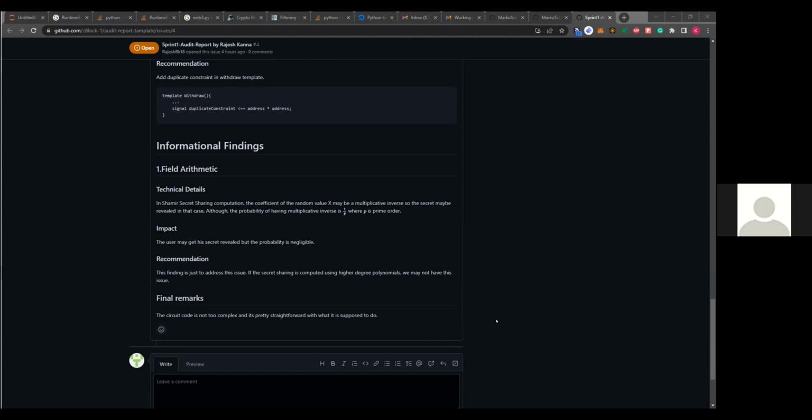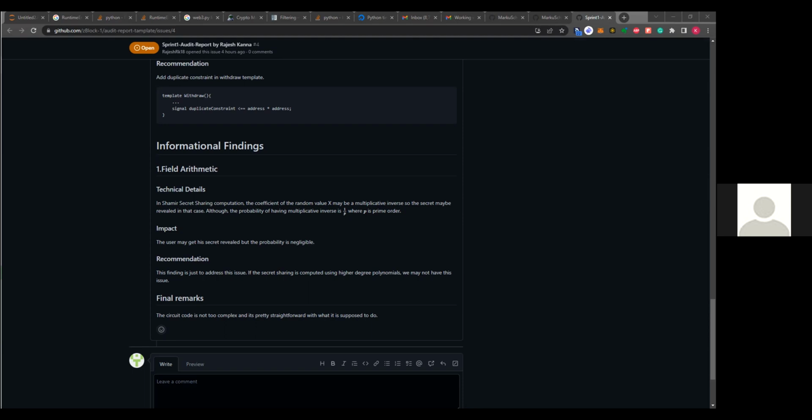The probability of having a multiplicative inverse is almost negligible, yet it still needs to be considered when you are making breaking changes, because if you fail to have a check on this, maybe in future it may lead to bigger issues. This is why I decided to add this in informational findings.